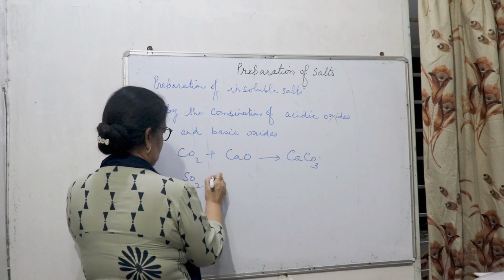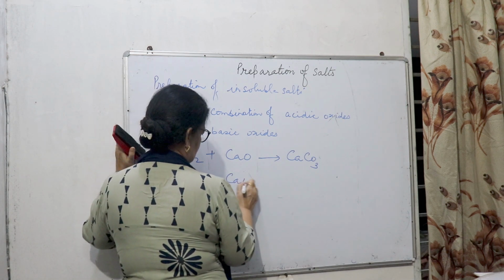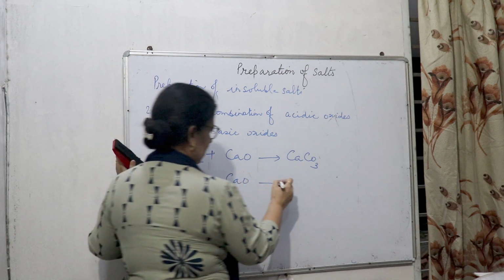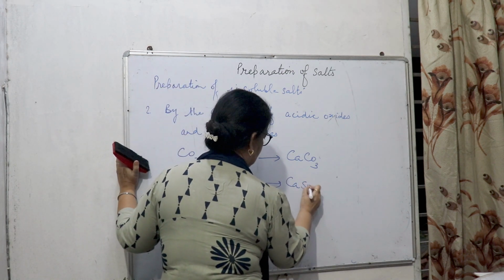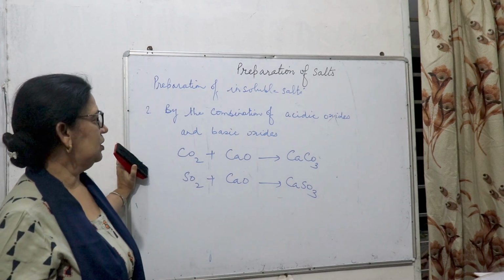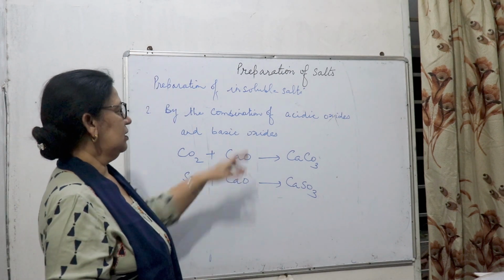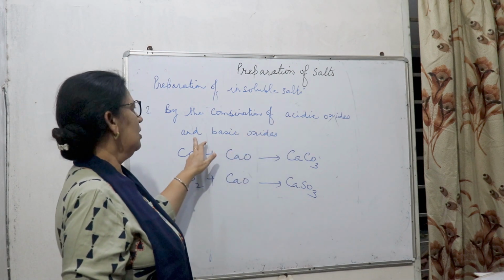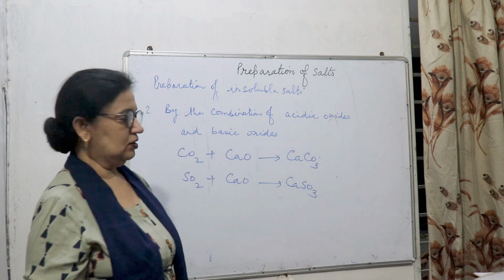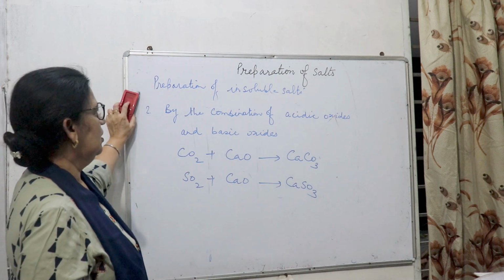SO2, sulfur dioxide, plus calcium oxide gives calcium sulfite. This is also insoluble salt. So here the method is when acidic oxide combines with the basic oxide, then also they give the insoluble salt.